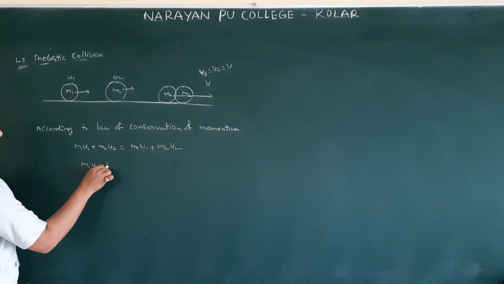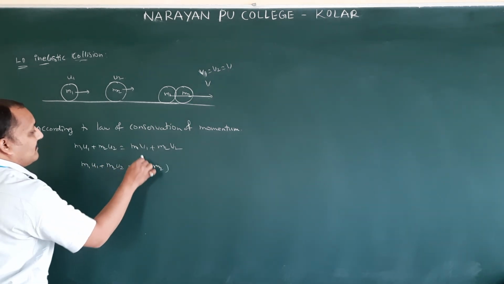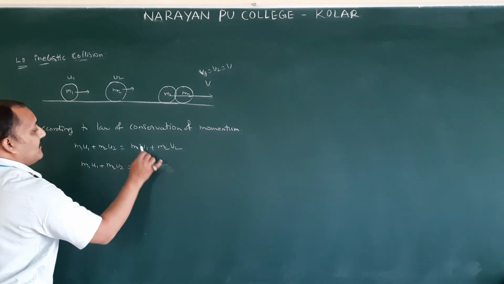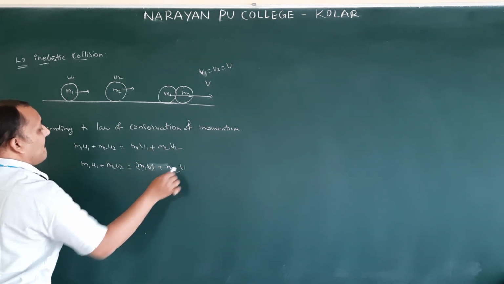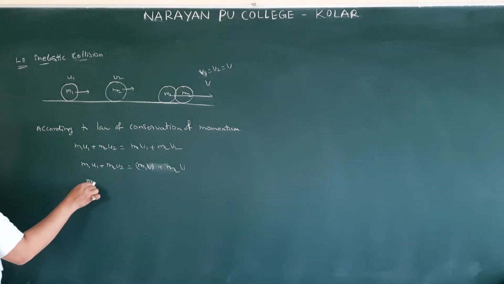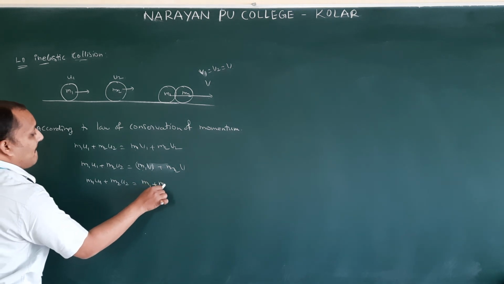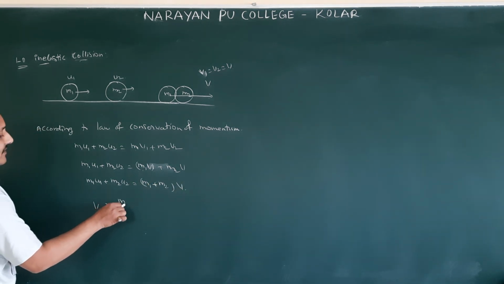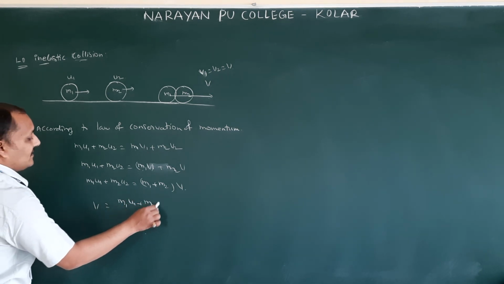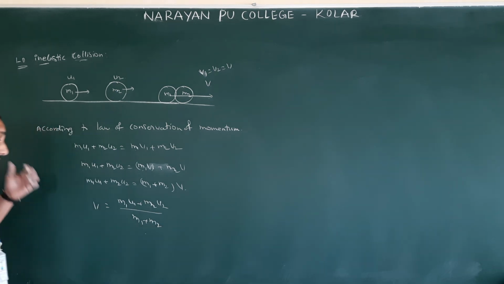Since both have the same velocity, M1 U1 plus M2 U2 is equal to M1 V plus M2 V, which is M1 plus M2 into V. Then V is equal to M1 U1 plus M2 U2 by M1 plus M2.